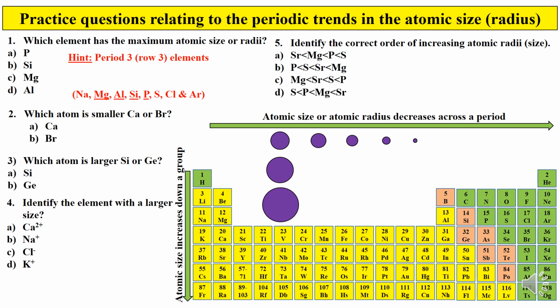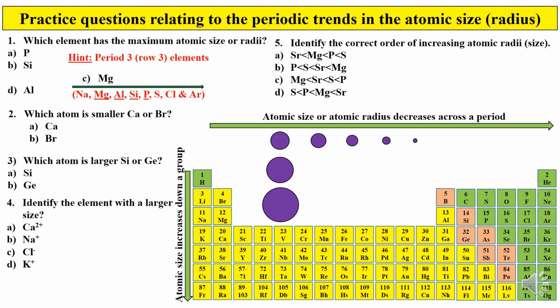And next, go by the periodic trend. The size decreases from left to right. And you can see that magnesium is towards the extreme left, and therefore magnesium will be the one with maximum atomic size or radii.